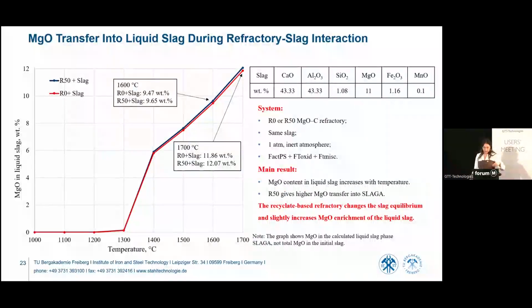Then in the next step, I simulated the interaction between refractory and ladle slag. The same slag composition was used for both calculations. Here again, the advantage of the macro workflow is very important.